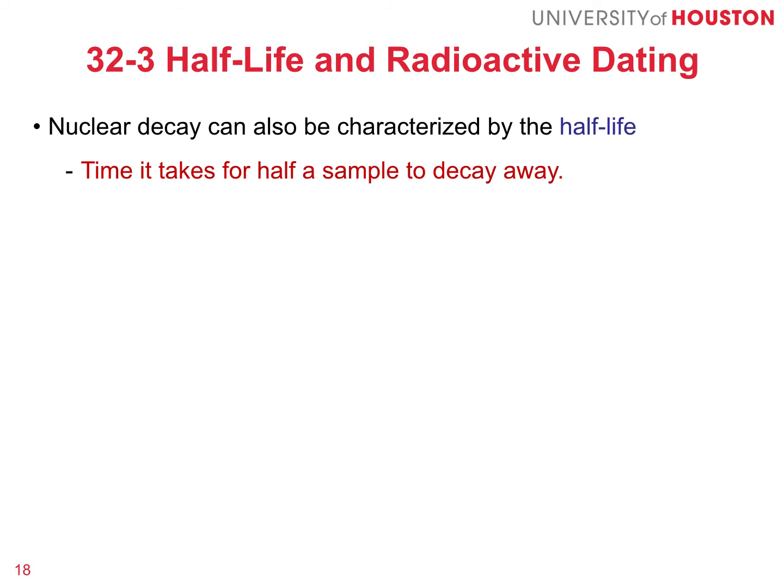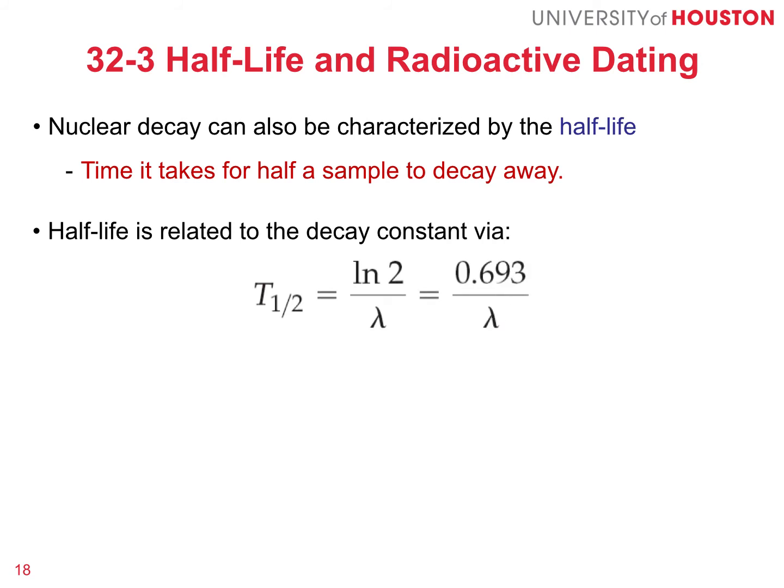Nuclear decay can also be characterized by the half-life, which is simply defined as the time it takes for half the sample to decay away. It's related to lambda as follows: the half-life will equal the natural log of 2 divided by lambda.